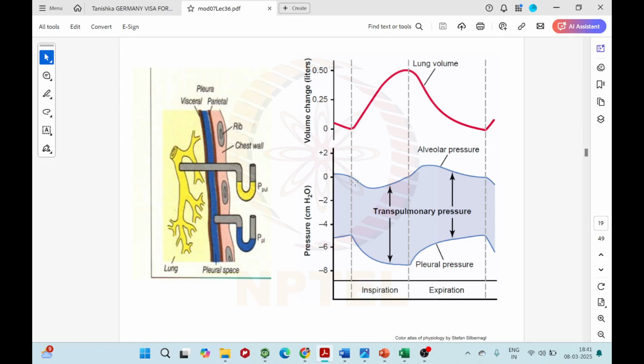So when you do the inspiration, from 0 to -1 the pressure is created in the alveoli. So in the alveoli you have the -1 centimeter water pressure.